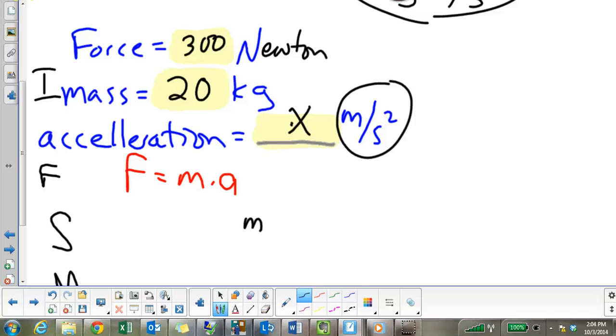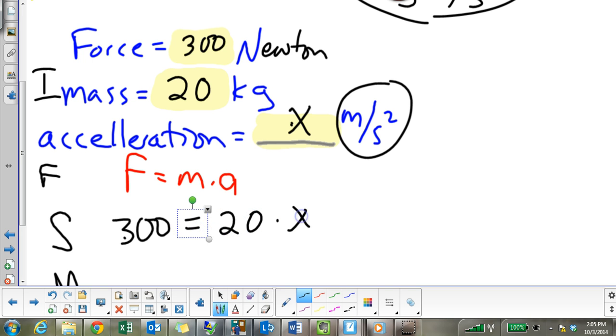So let's get rid of it. Let's substitute in just the values only, like we were asked. Now look at that equation. That looks pretty nice. 300 equals 20x. I know how to solve that. Divide by 20, and I'll get 15.